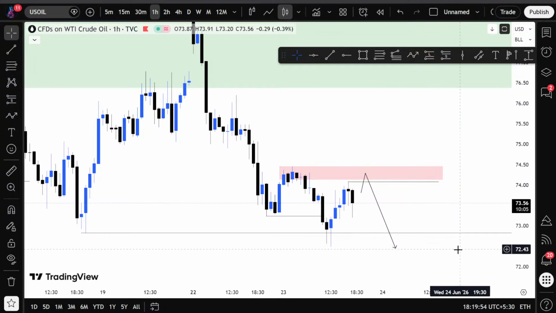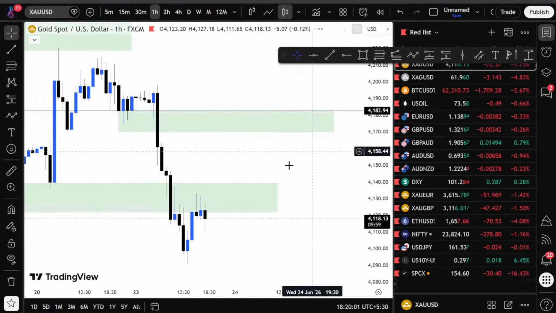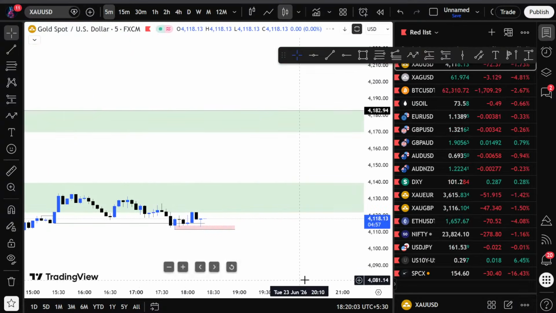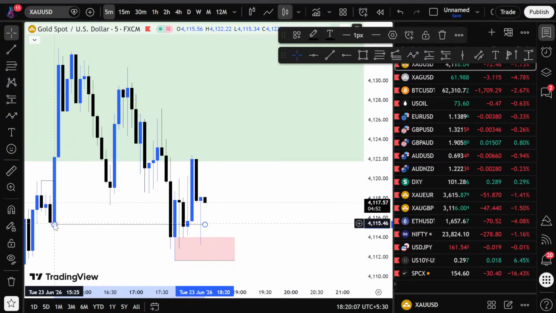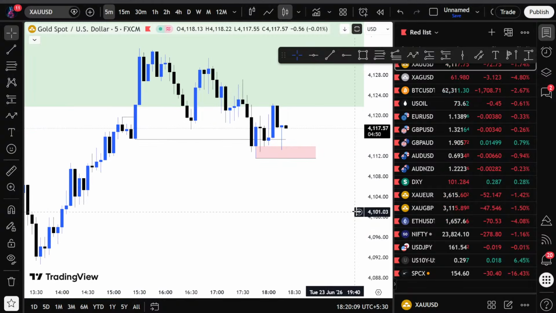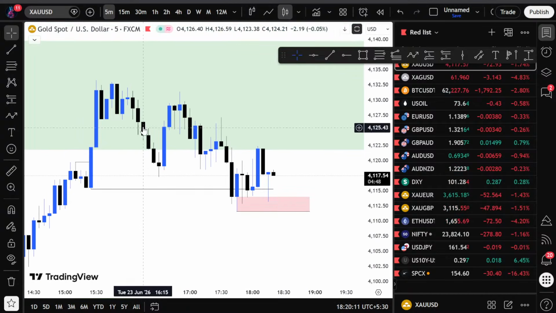Sorry, we are a little late. When will we sell? We are selling after this 5-minute change of character. We need two candle closing below this low. Then we are shorting. Right now internal structure is bearish.